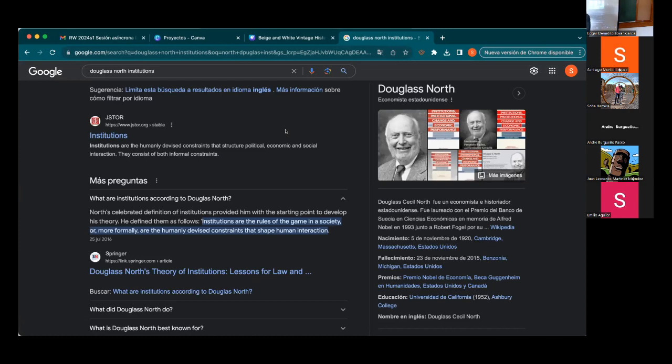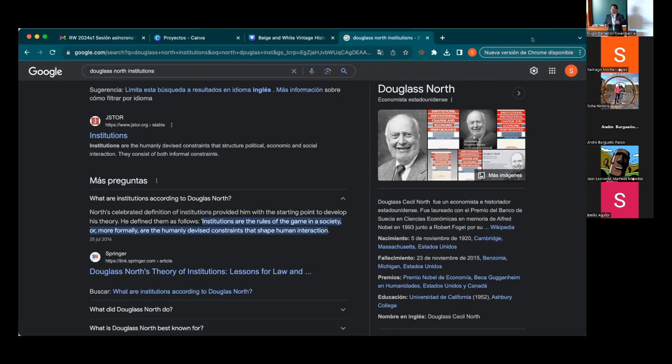Therefore, question in your exam, don't forget what we mean by institutions here in this school. Institutions are organizations and rules, formal and informal. An example of formal rule, my constitution. Institutions are organizations, for example, the World Bank, this university, police, even the state government, and also rules.